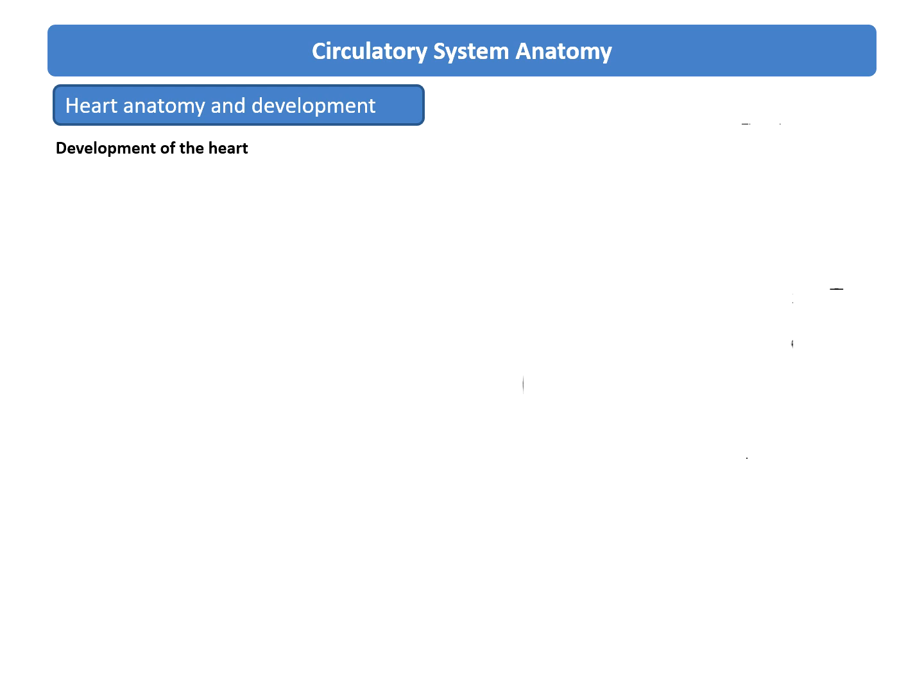Let's look at the development of the heart, because this will help you understand the function of the heart and the parts. In the embryo, the heart begins to develop in the lower part of the embryo, roughly in the middle.